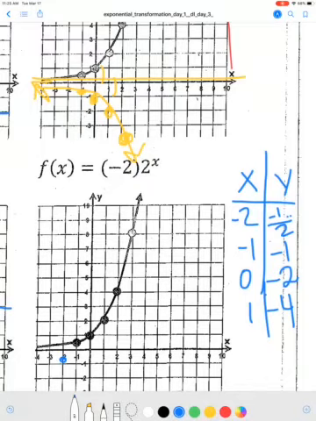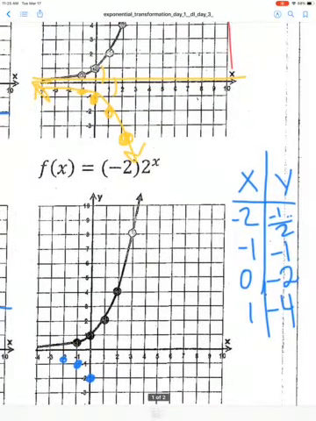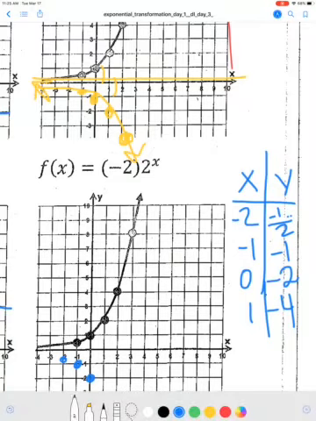So notice some things that stay the same. My asymptote's going to stay the same, alright? And then the next one will kind of come off. So let's see. Boom. My asymptote stays the same.